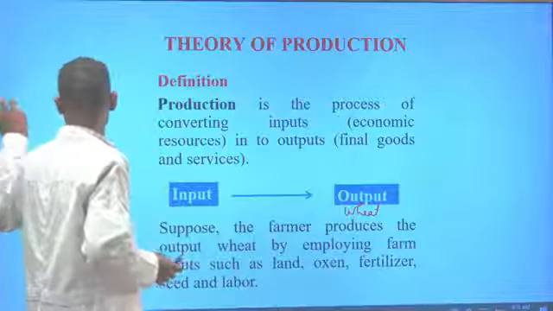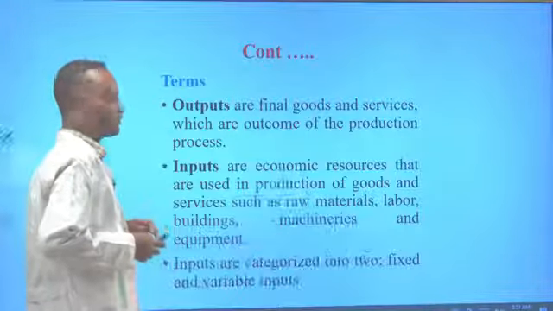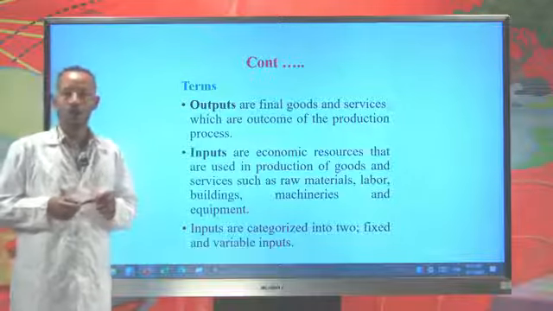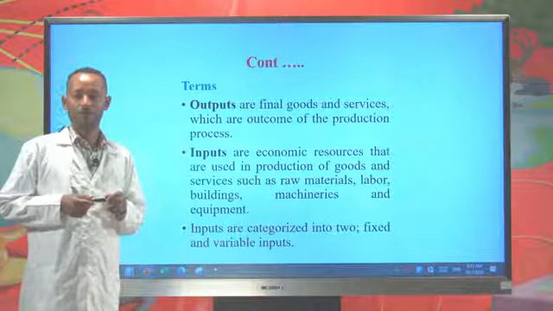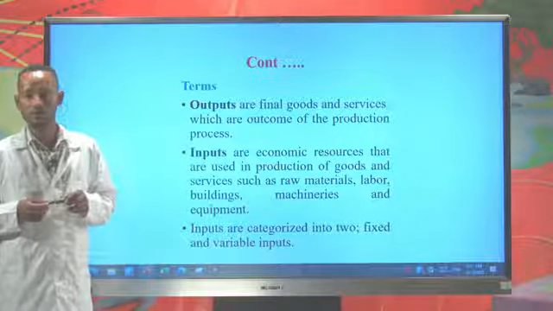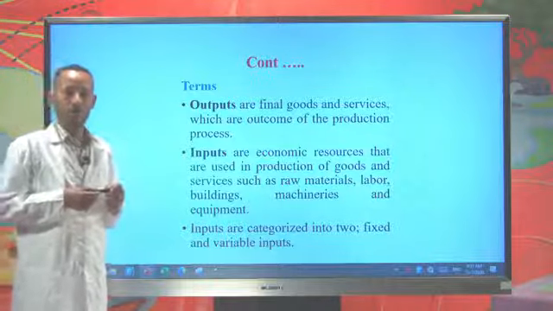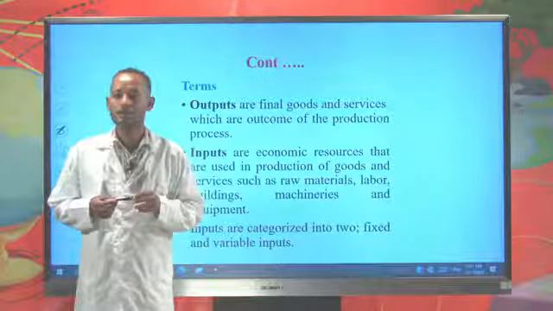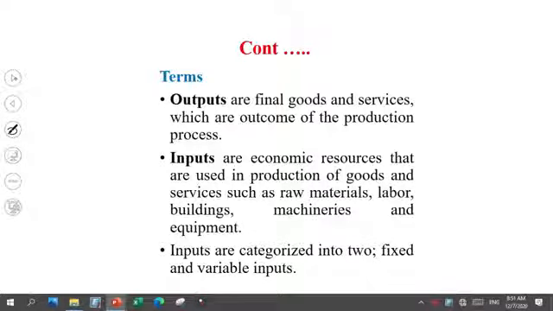Now let's see some of the terms used to describe the theory of production. First, output is the final goods and services, which is the outcome of the production process. In our example, if the farmer produces wheat using the inputs land, labor, capital, and the like, the output is the wheat.